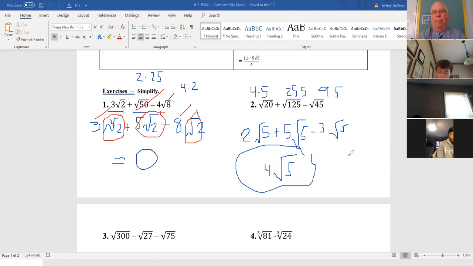So they're the same as like terms. So I can add and subtract those things together. It's like having the same variable. Other questions? Like I said, it's kind of like a puzzle.